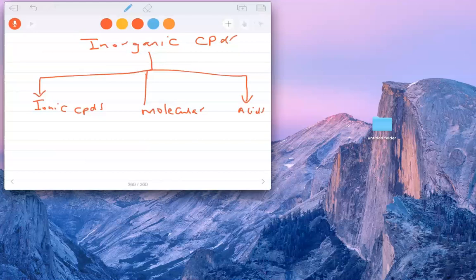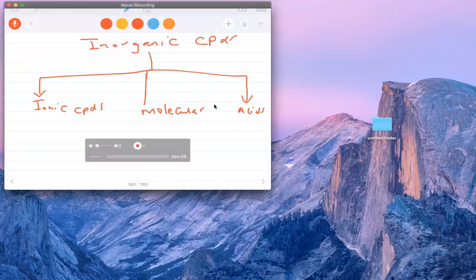These are the classes of compounds, breaking down starting from the top. Inorganic compounds can be either ionic, molecular, or acid.